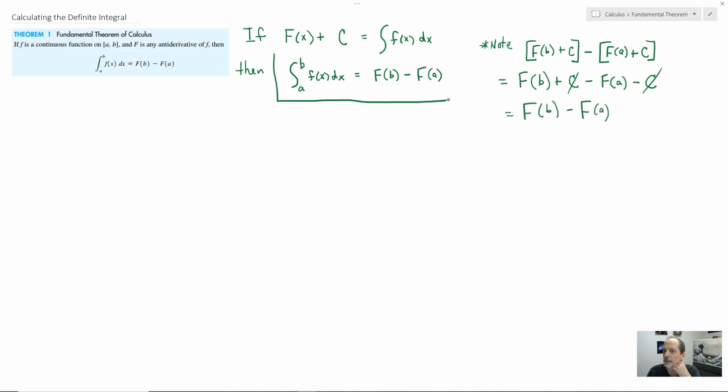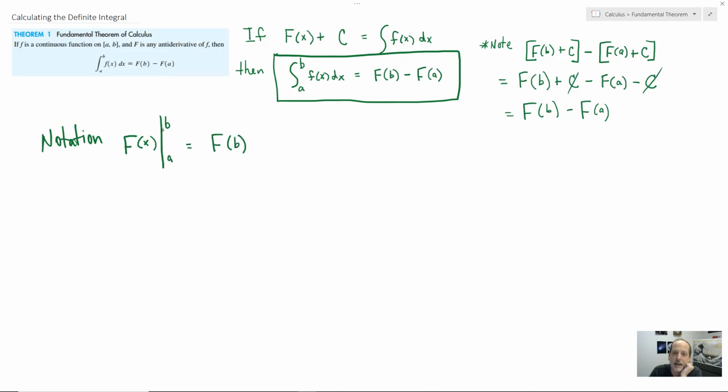Okay, so here's the big deal. I want to also introduce some notation. If I take and put this bar here, this is my lower and my upper bound.